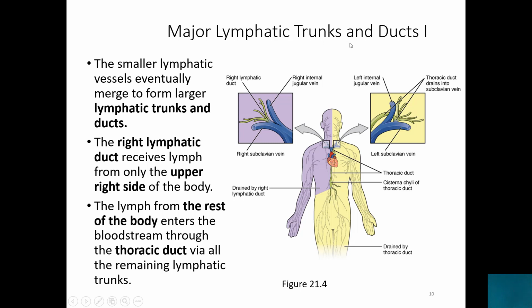Now let's talk about major lymphatic ducts. Here's, for example, the thoracic duct right here, and trunks. The smaller lymphatic vessels eventually merge and form larger trunks and ducts. The right lymphatic duct receives lymph from only the upper right side of the body.